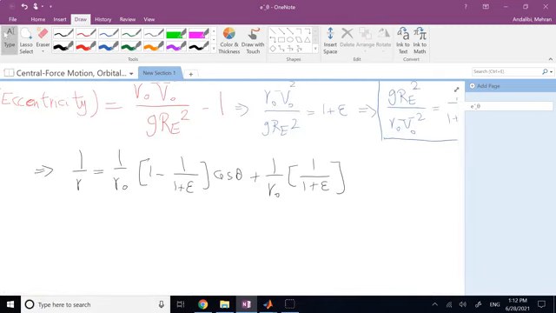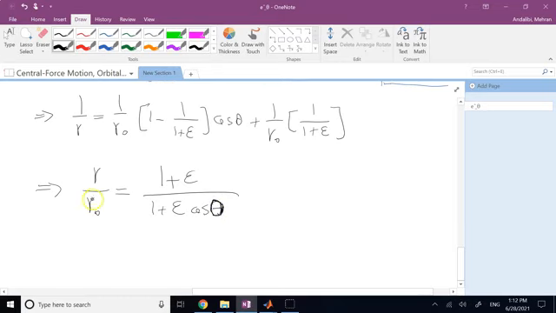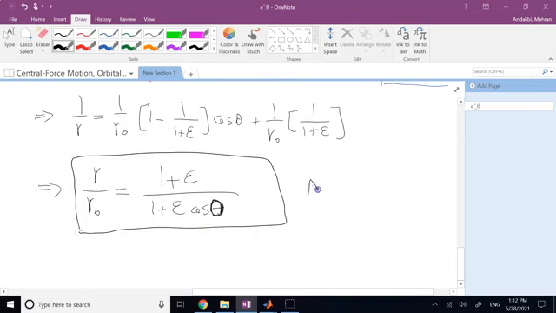Okay? And if you rearrange this and write it in terms of R naught and epsilon, you will get R over R naught to be equal to 1 plus epsilon divided by 1 plus epsilon times cosine of theta. And this is the nicest equation that you can get out of this problem, which is actually nice.